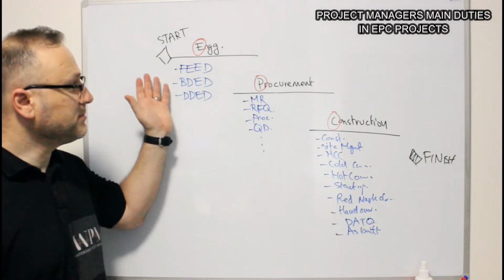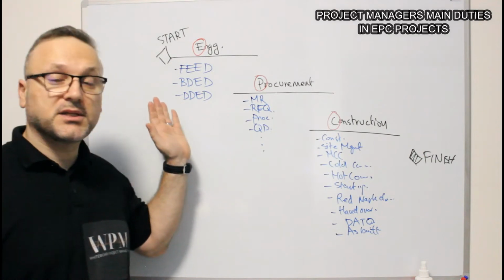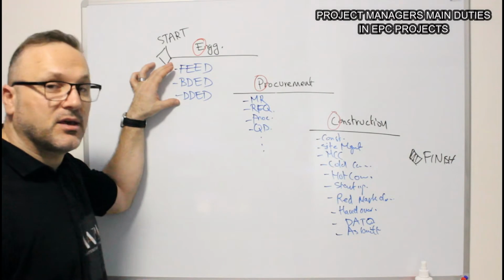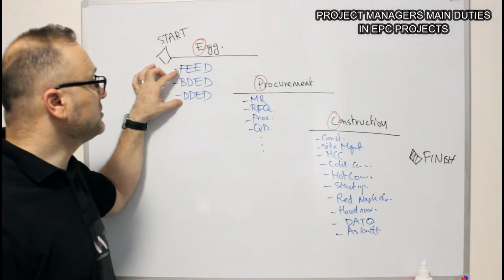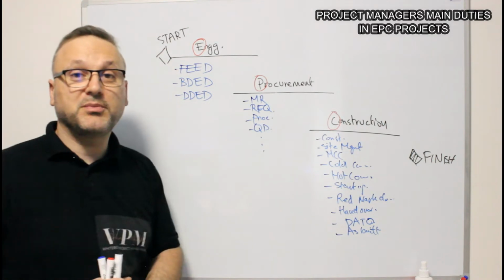Now the project manager starts with his team, with the project senior engineer, to start executing, and the first thing he has to do is check the documents that need to be done.